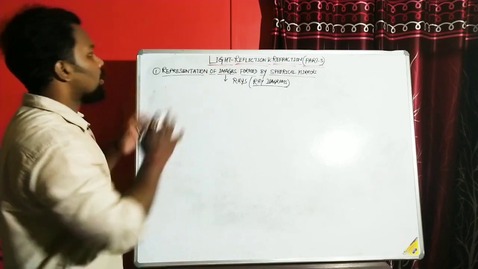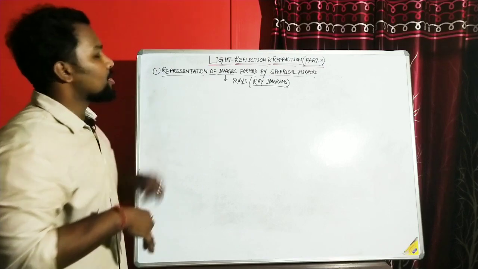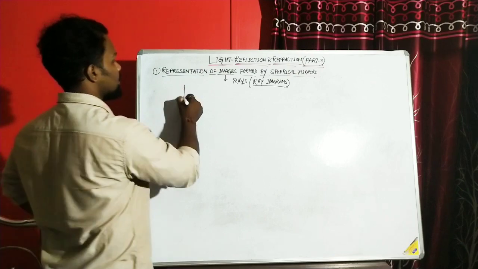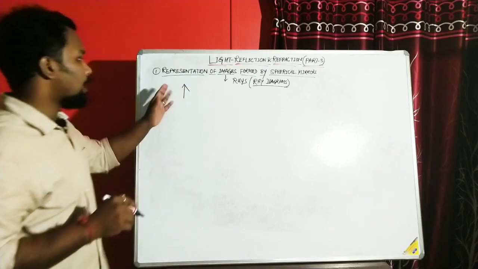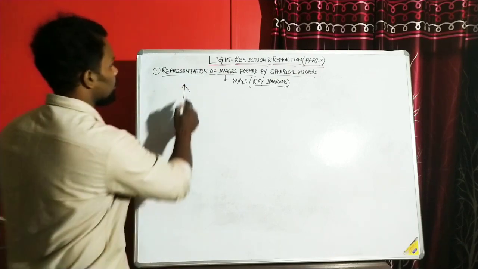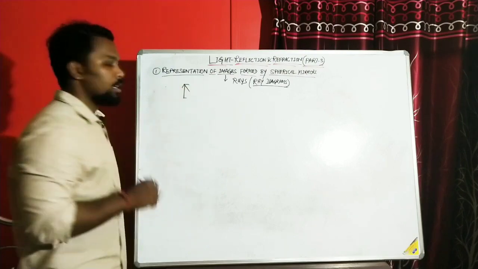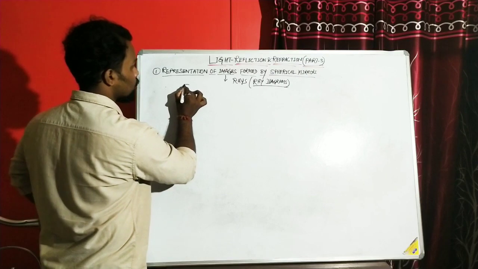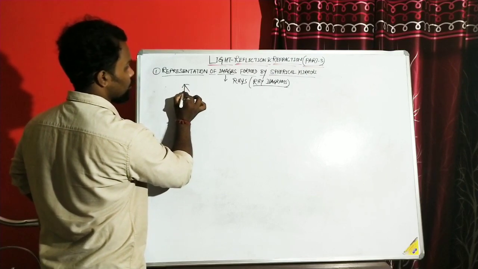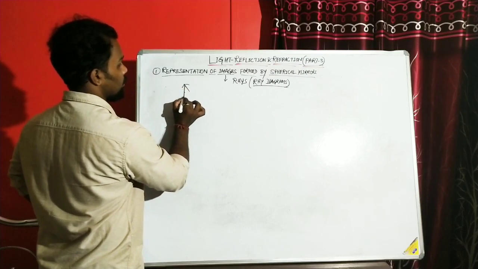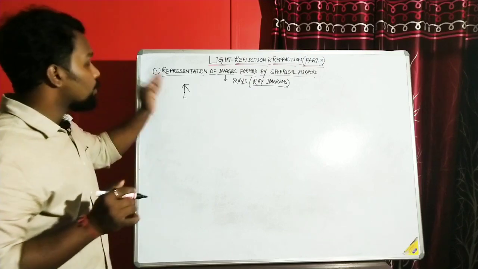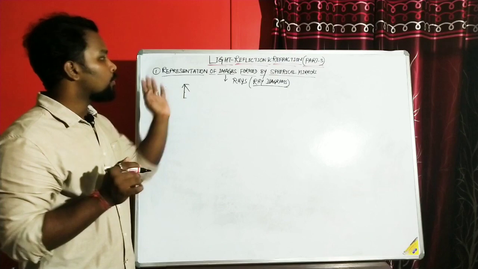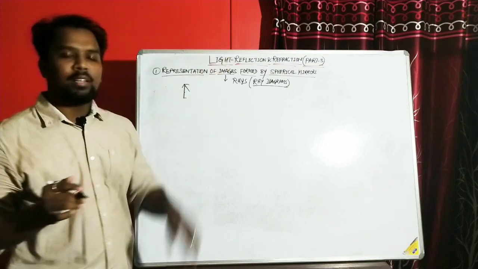In this lesson, when we discuss an object, we will always represent the object as a line like that. This is the head of the object, and this is the base of the object. An object has lots of points, and from each point lots of rays will come and be incident on the reflecting surface.